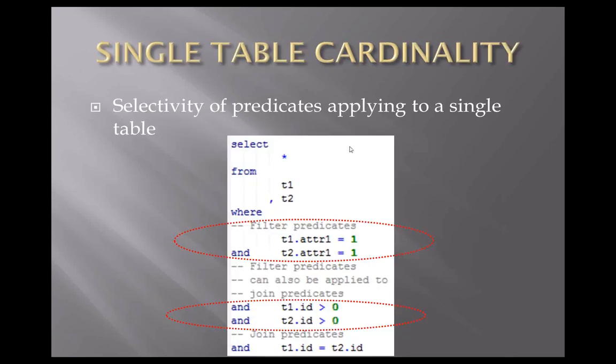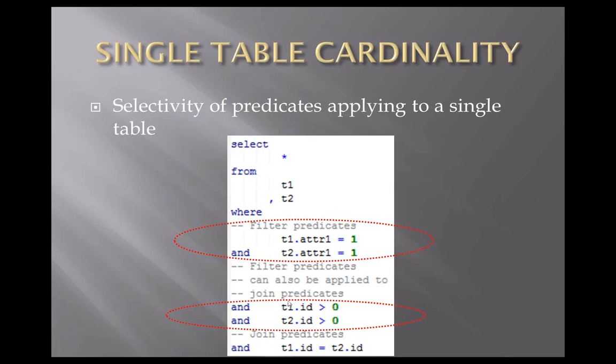The single table cardinality is actually a pretty straightforward thing, because it basically talks about what is the selectivity of the predicates, the filters that you basically apply to a single table. So if you look at the below picture, then you can see here we have filter predicates on both tables T1 and T2, and we also have a join predicate here that joins T1 and T2.